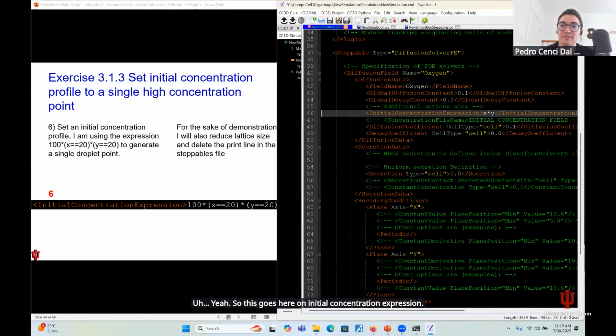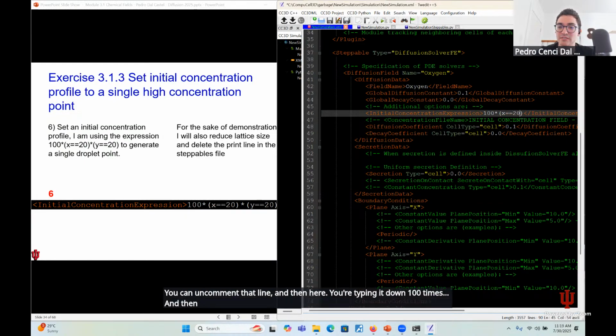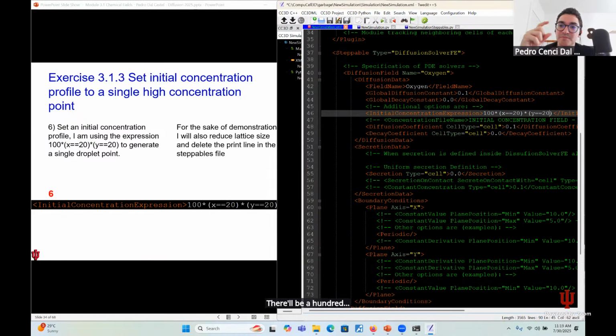You can uncomment that line, and then here you type 100 times x20, y20. So at the x equals 20, y equals 20 position, there will be 100 field intensity. And that's it. If you've done this, you can run your simulation and see what happens.